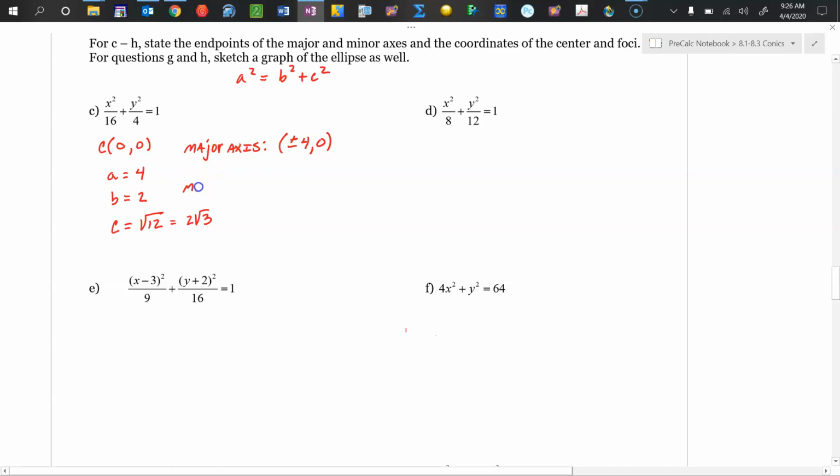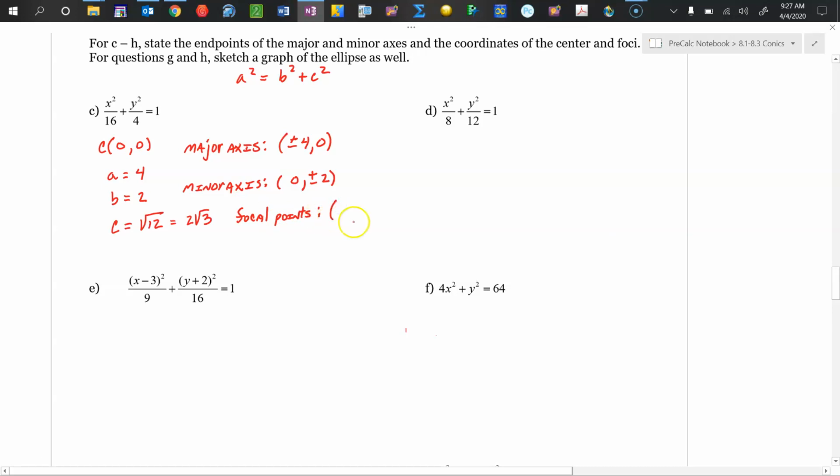The minor axis, which is associated with b, because this ellipse is horizontal, we're going to go from the center up and down b units. So the minor axis endpoints are going to be 0, comma, plus or minus 2. And then finally, the focal points. Their coordinates are going to be determined by c, and the focal points lie along the major axis.